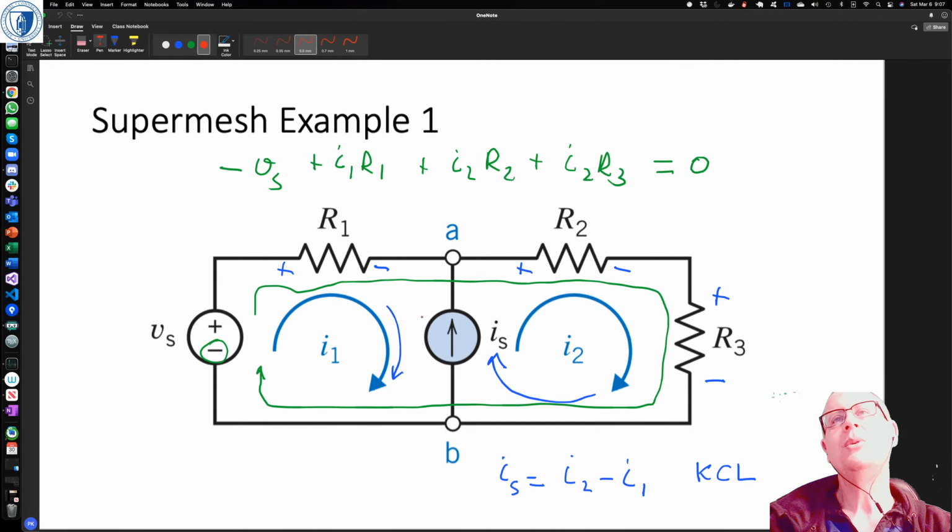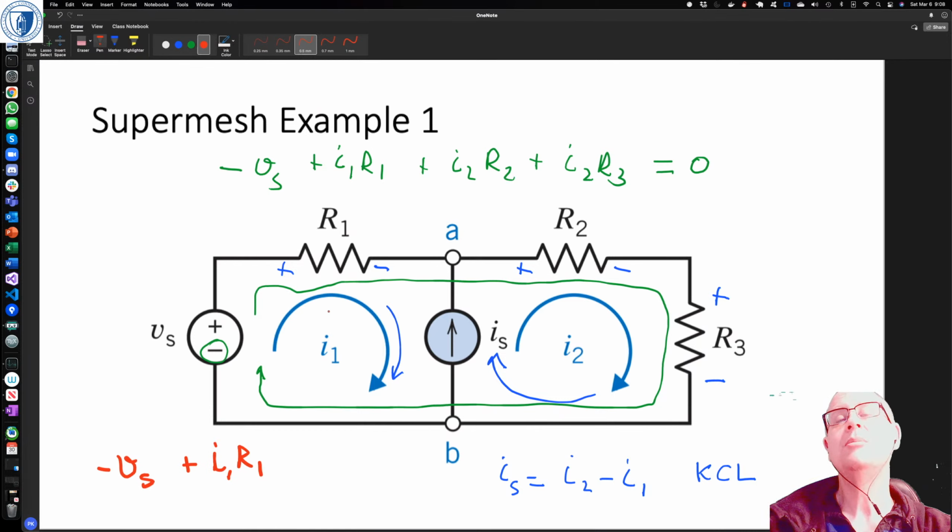So the issue is that, what I see students doing in this situation is, okay, we've got I1 and we're going into the negative side of VS, so that's minus VS, and then plus I1 R1.